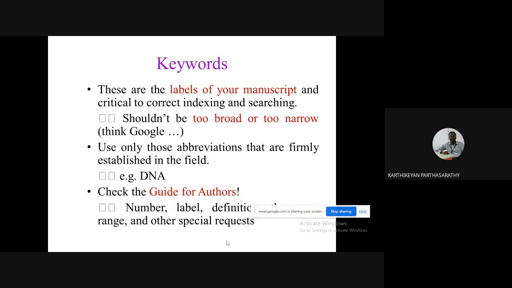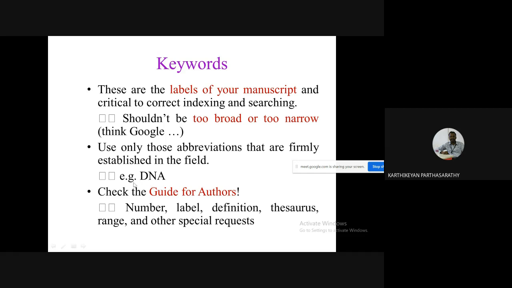And I told you keywords follow the abstract. We want to write the keywords. It is a label of your manuscript. It should not be too broad or too narrow. It should be more unique. Check the guide of the others. Unless everybody knows the complete description of an abbreviation, we should avoid abbreviations in the keywords.